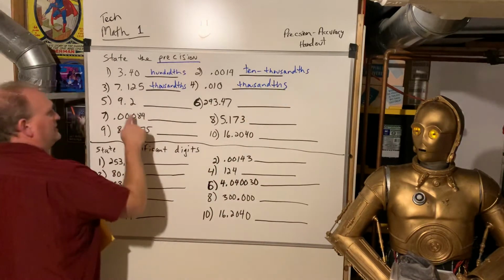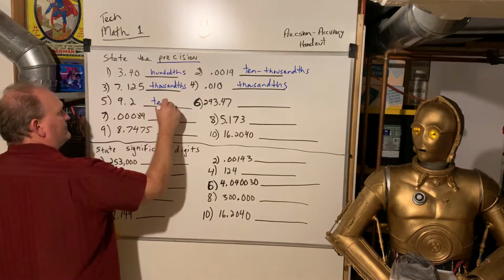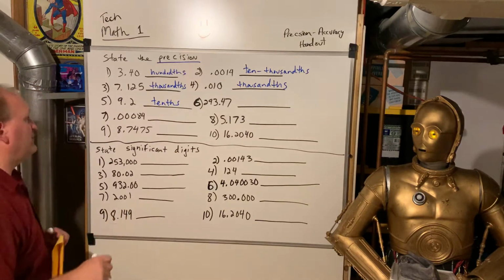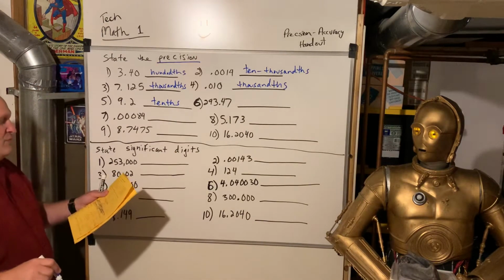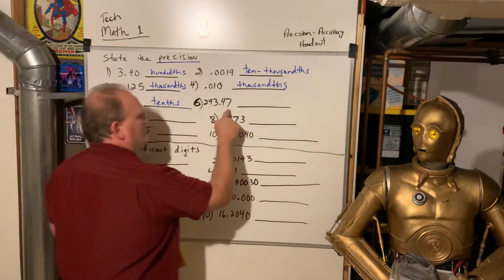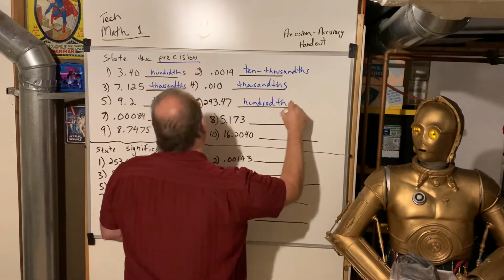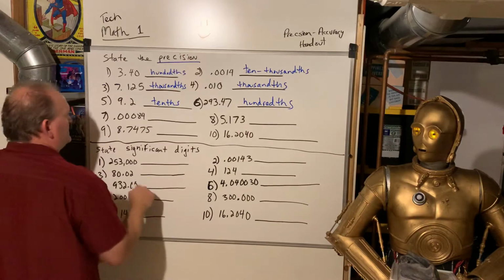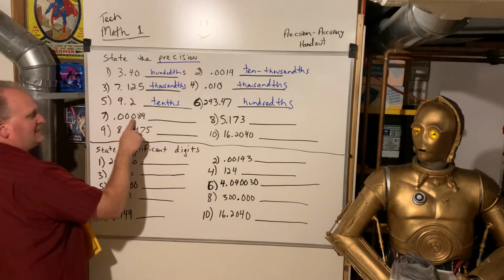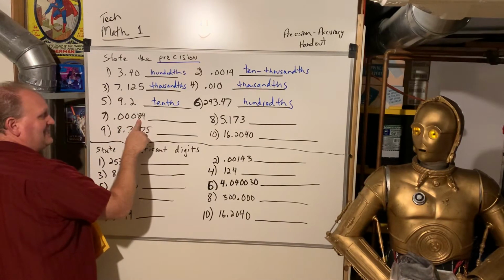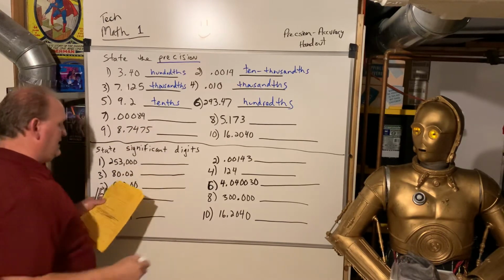All right, tenths again. 9.2 is tenths. This is all precision. Tenths, hundredths, thousandths, 10 thousandths, 100 thousandths.